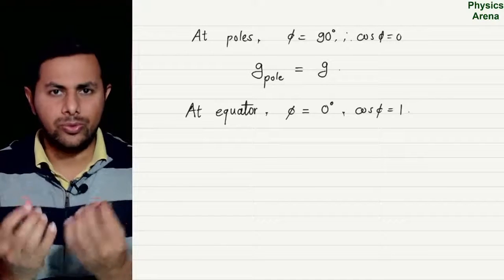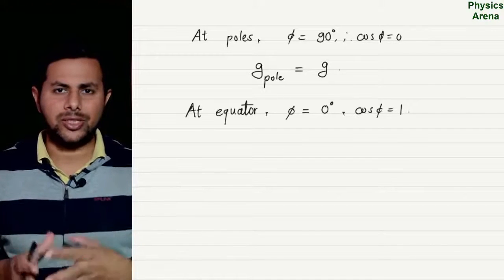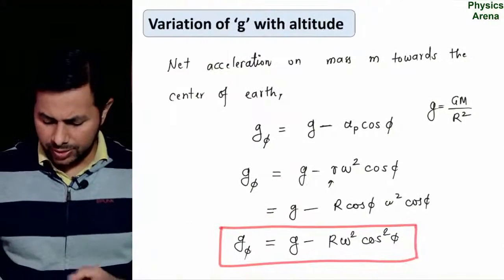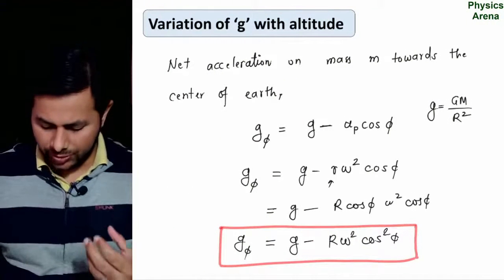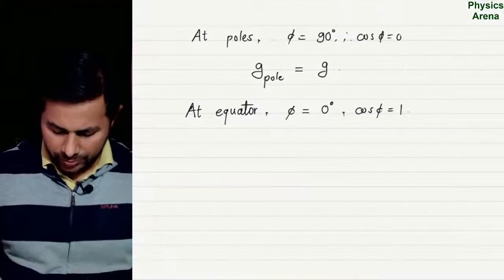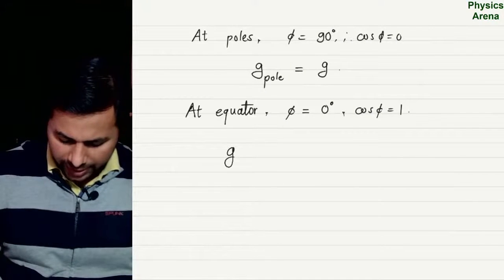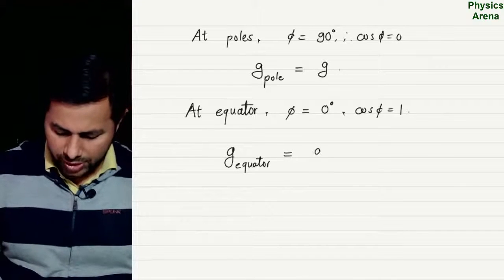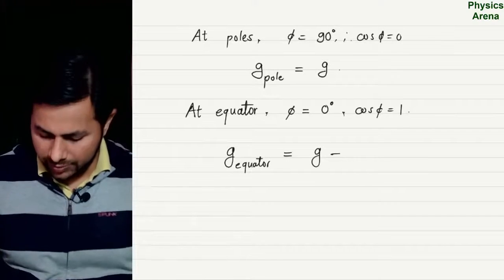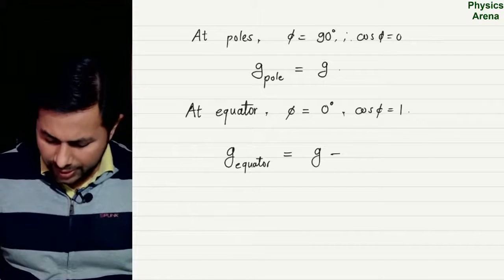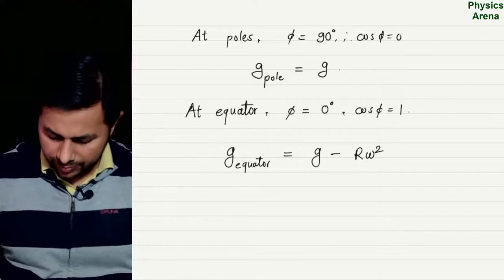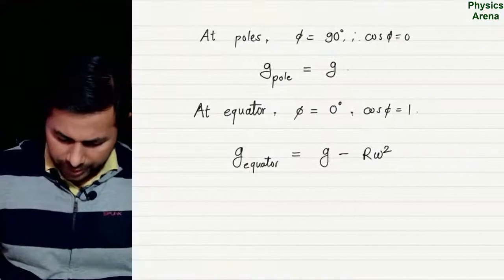So the centrifugal force experienced by an object on the equator is maximum, and it brings out maximum change in acceleration due to gravity. So therefore we have g at equator equals g, which is GM over r squared, minus r omega squared.